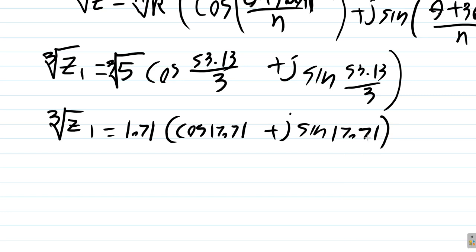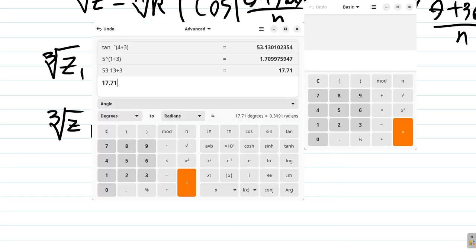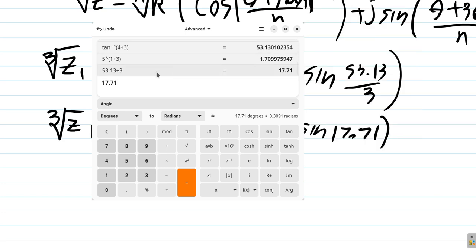Remember, here we had 5 to the 1 over 3, same as cube root of 5. You see that that's what we have so far.